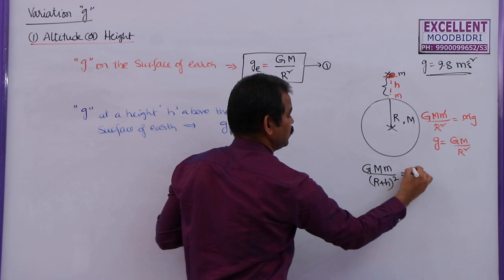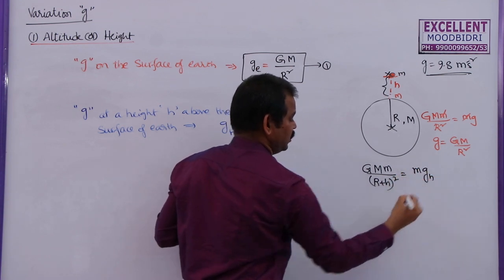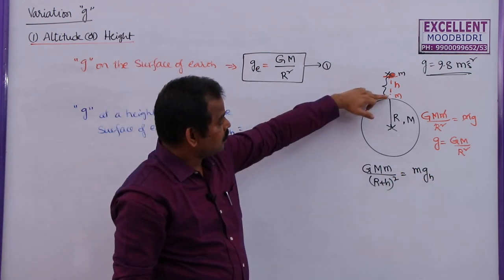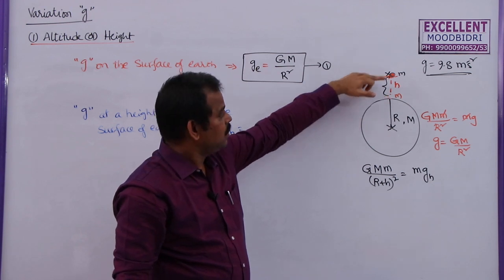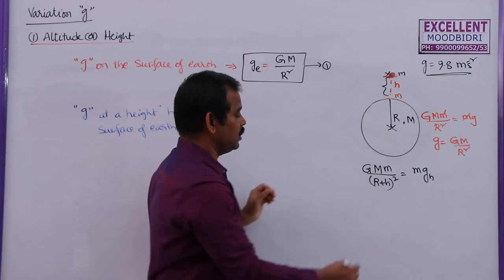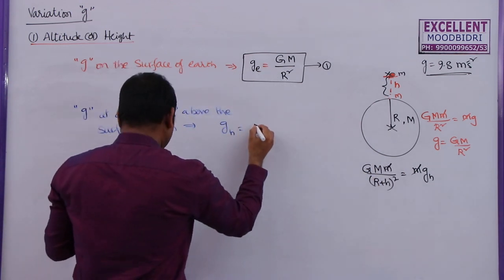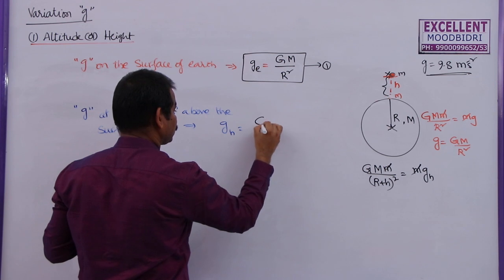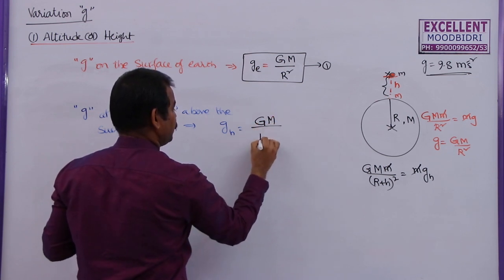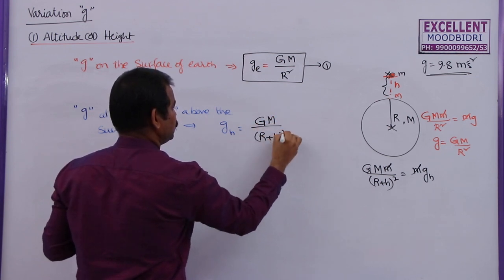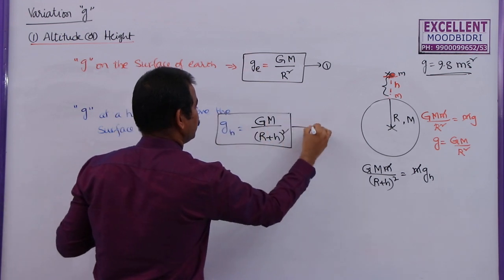R plus h whole square is equal to mgh, because on the surface of earth small g is equal to Ge. Here this is denoted as gh. Now cancel this and this. So what is gh? GM by R plus h whole square. So this is equation 2.